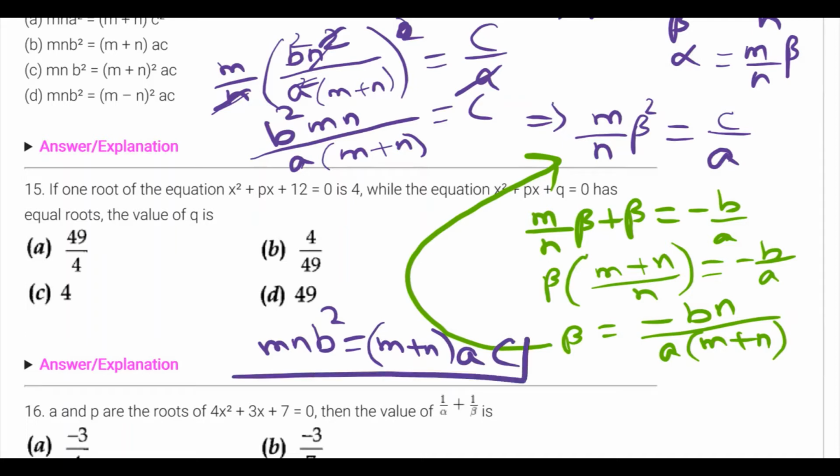So this is the condition. Mn into b square equals m plus n into m plus n whole square into ac. Square is left here, which is option C.